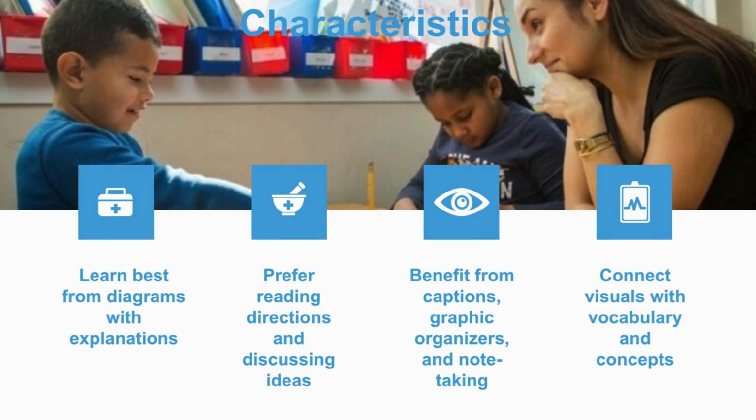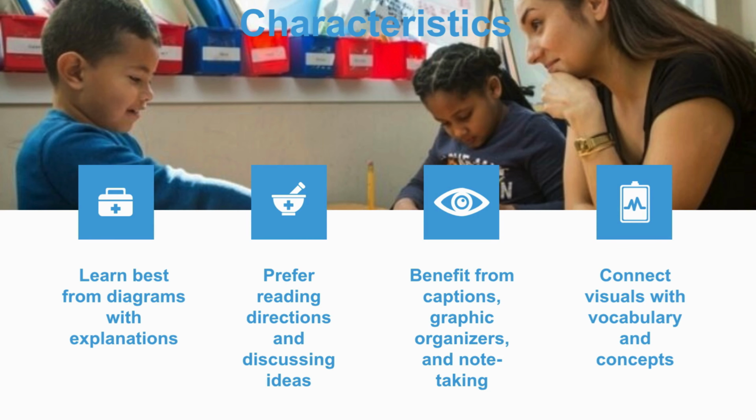Some of the characteristics: the visual verbal learner learns best from diagrams with explanations. Similar to this presentation, the visual verbal learner would benefit because we have the visuals going on with the PowerPoint as well as the audio, right? They prefer reading directions and discussing ideas. So they can read the text, no problem, but the verbal part comes with the explanation.